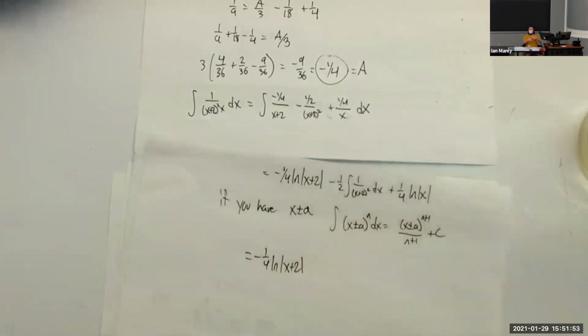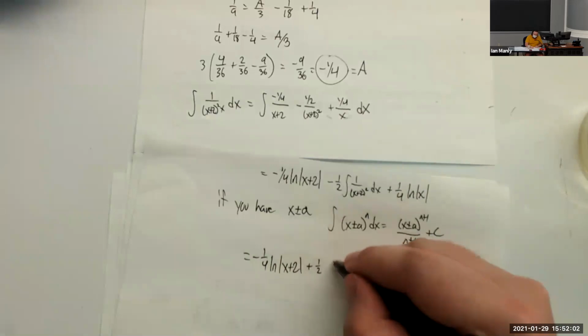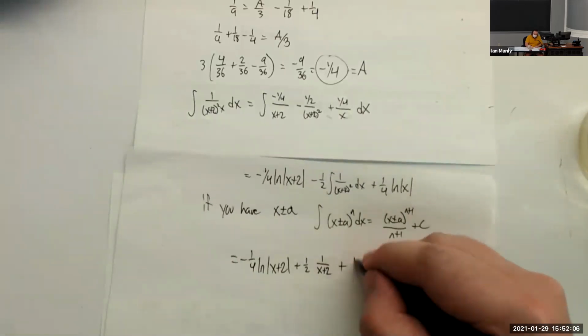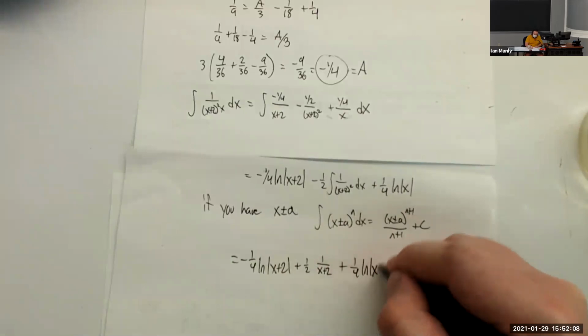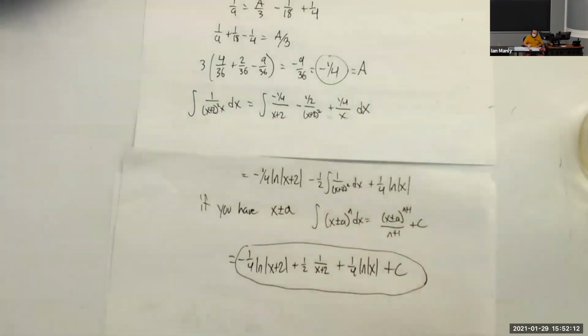So I raise that by 1, and now I have the -1st power, and I divide by the new power, which is -1, which just flips my sign. Now I have this to the -1st power. And there we go. We've gotten rid of all of the integrals, and now we have our antiderivative right there.